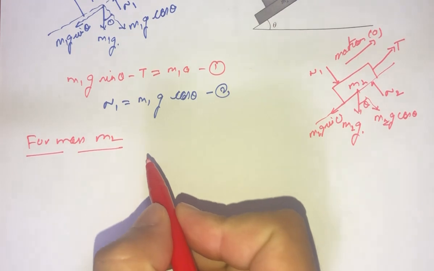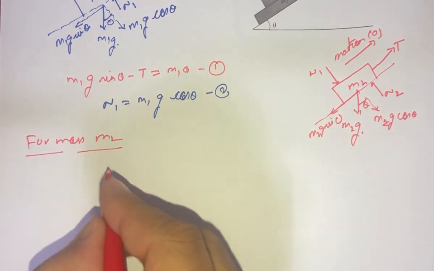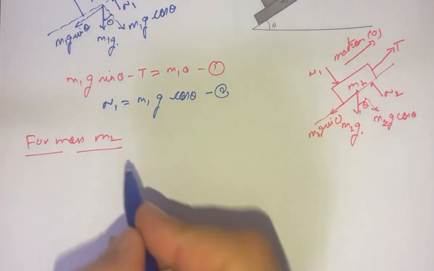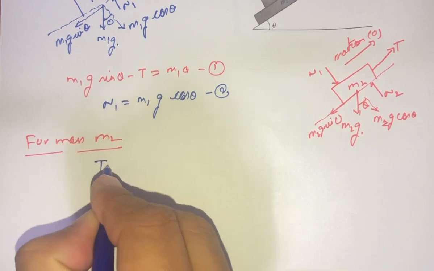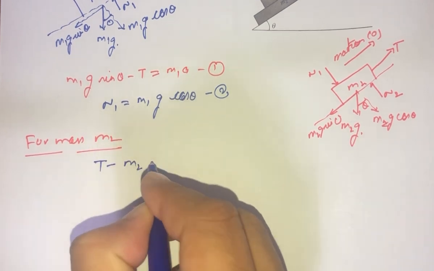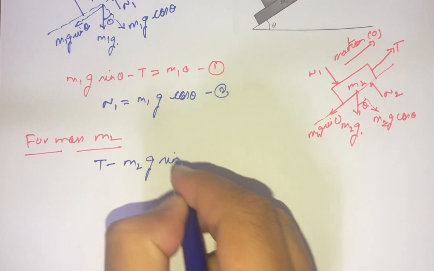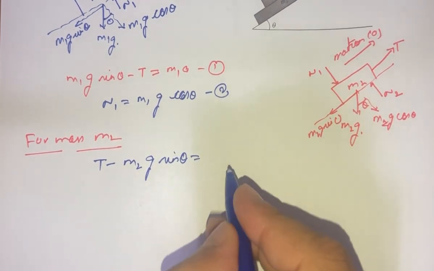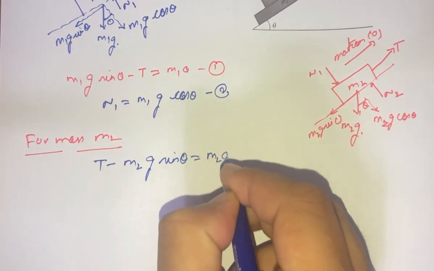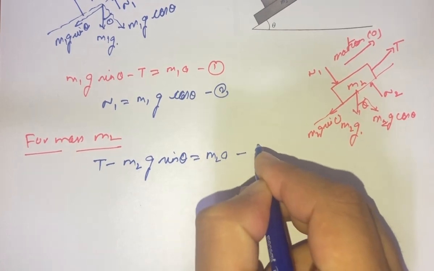T minus m2g sin theta will be equal to m2a. Let this be equation number 3.